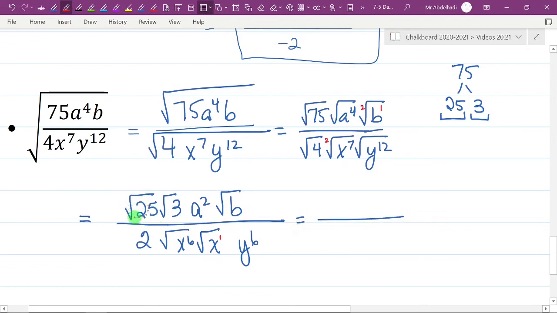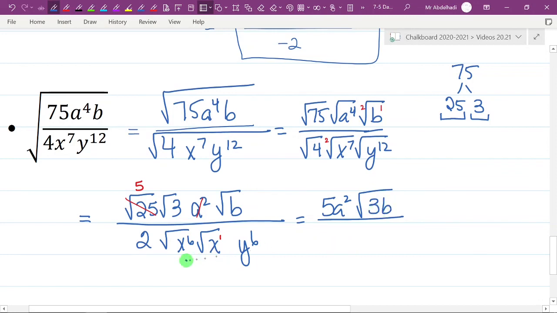This here, the square root of 25, becomes a 5. So you have 5, and you have an a squared. That's 5a squared, now outside of the radicals. Okay, so that takes care of this. That takes care of this. Now what's left? Radical 3 and radical b, you put them together into one radical, radical 3b.